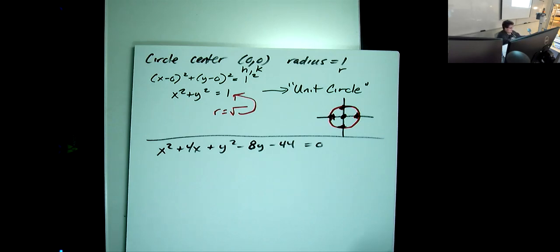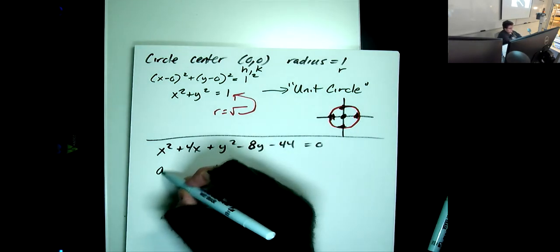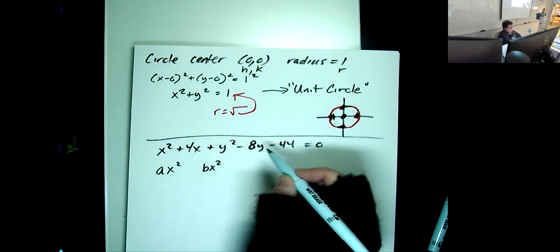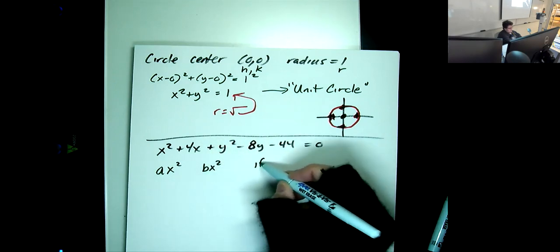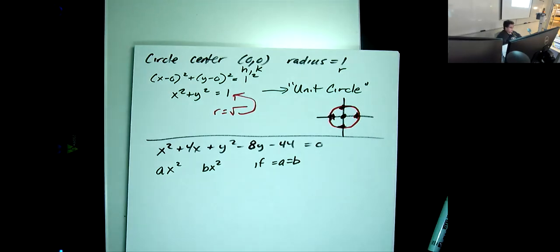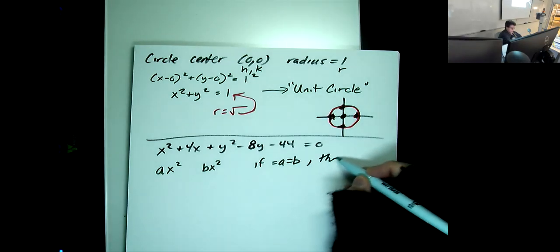When you have both x squared and y squared, I'm going to say ax squared and by squared. And if a equals b, doesn't matter which value it is, in this case it's 1, there's a good chance this is a circle.